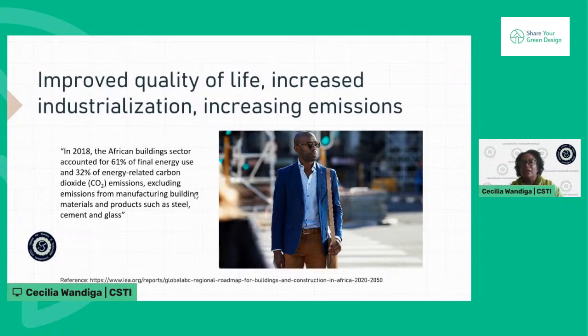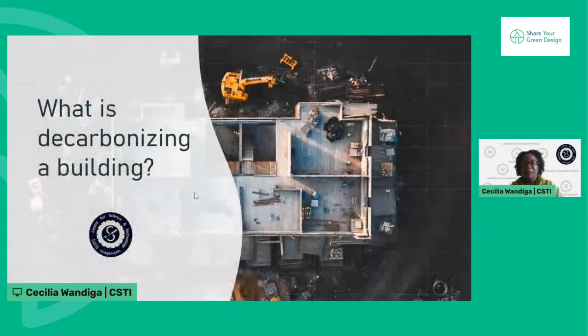So what this really means is the construction sector is consuming not only a lot of energy, but also emitting a lot of carbon dioxide. And that's something that we want to change a little.